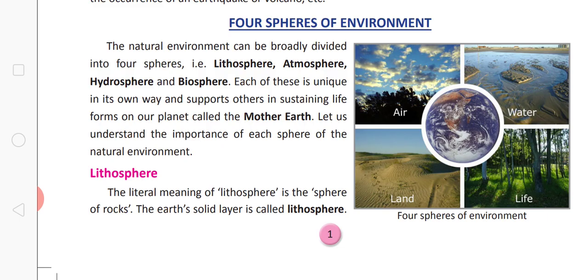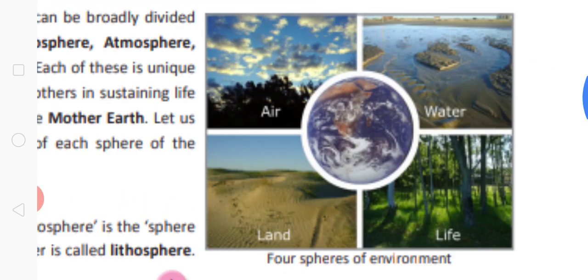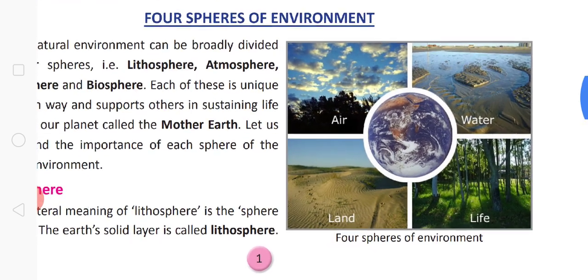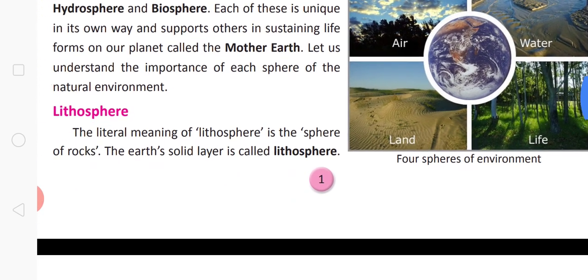So here just see one diagram, the four spheres of the environment. In the middle there is the earth. These are made up of four things: air, water, land and life. These are the most important components of the earth. If these components are not present on the earth, life would not be possible on the earth.